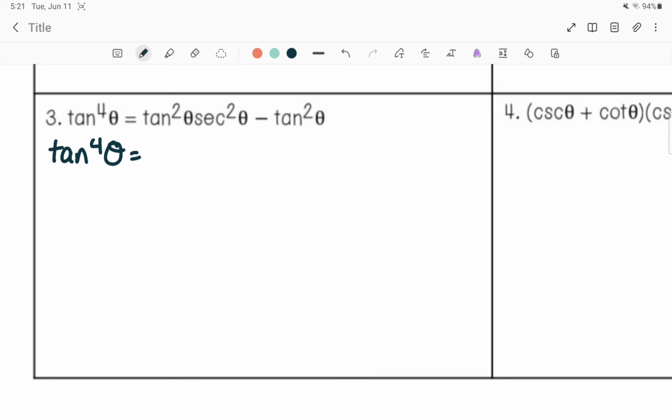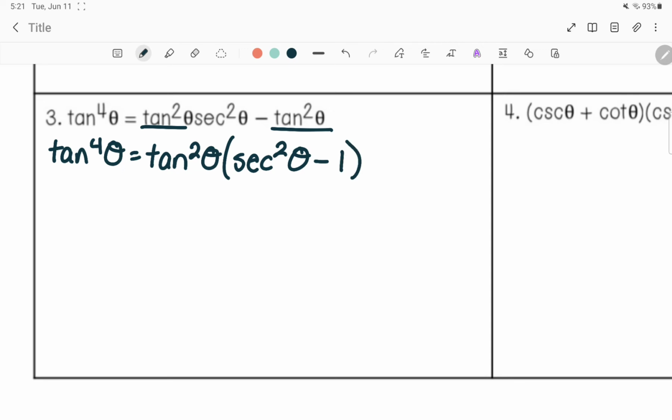So now we can use what we know about factoring to take out our greatest common factor. So the greatest common factor between these two terms would be tangent squared theta. So let's go ahead and take one of those out. So I can take tangent squared theta out, and I'm left with secant squared theta once that's divided, minus tangent squared divided by tangent squared is just 1.